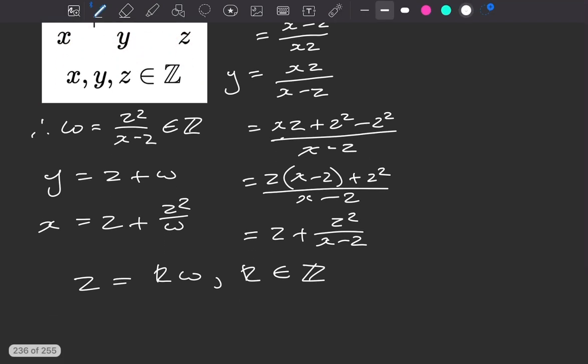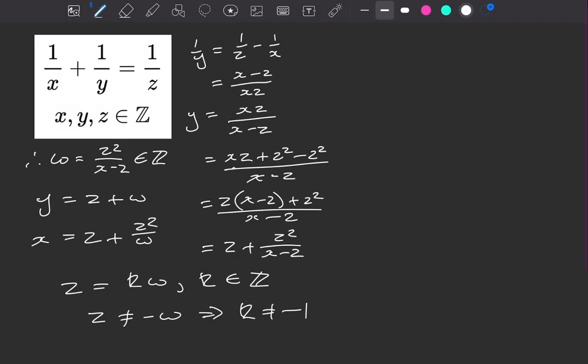So what we have to say is that z cannot equal -w, so that y isn't 0. So basically that tells us that k cannot be -1. We also have that z can't be 0, so that tells us that k and w both cannot be 0.